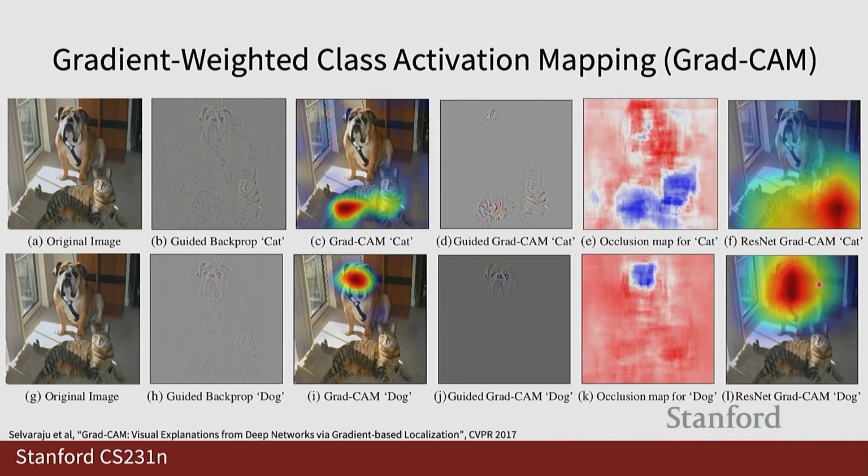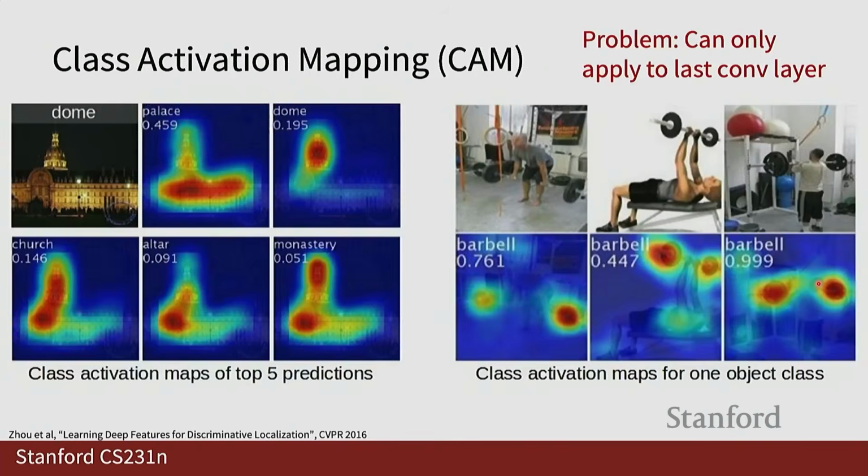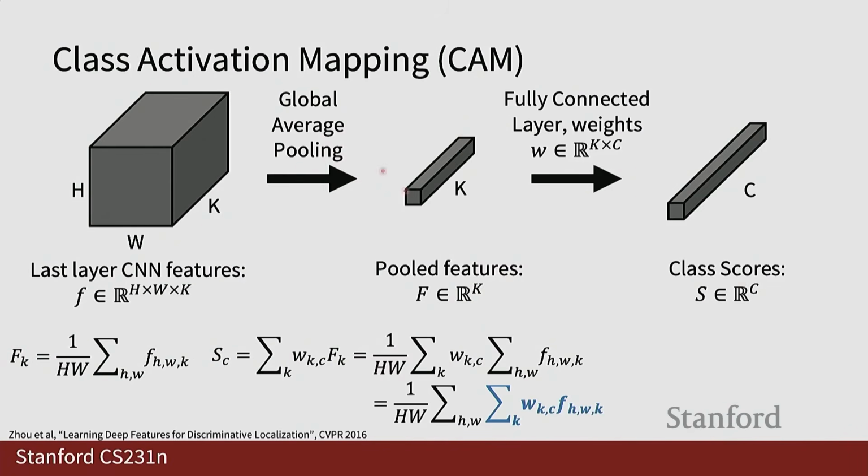So I talked about CAM, which was only applied to the last convolution layer. If you want to, but this is not possible because in most of the CNN algorithms, we don't have just one convolution layer at the end, right? We always have some fully connected operations and so on.